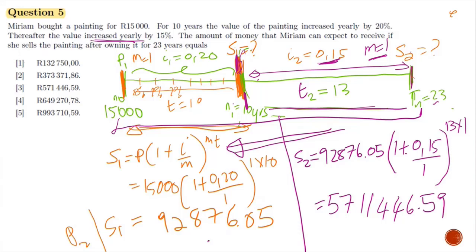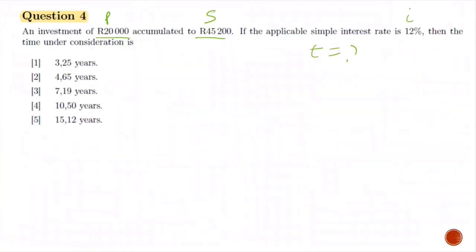571,446.59. So I wanted to look at this question for simple reasons, to help you attempt at least to write the story into the timeline. The rest of the questions were straightforward. This one was a simple interest.